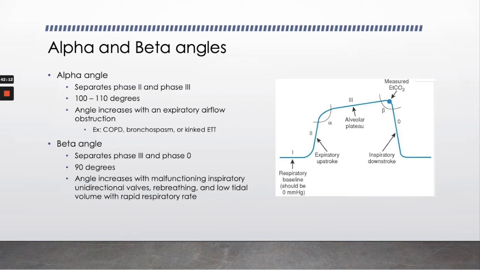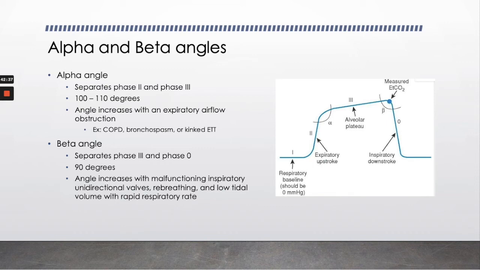All right. So the beta angle separates phase 3 from phase 0, and it's truly at 90 degrees. So it's typically 90 degrees. The angle increases with a malfunctioning inspiratory unidirectional valve, rebreathing, and low tidal volume with a rapid respiratory rate.